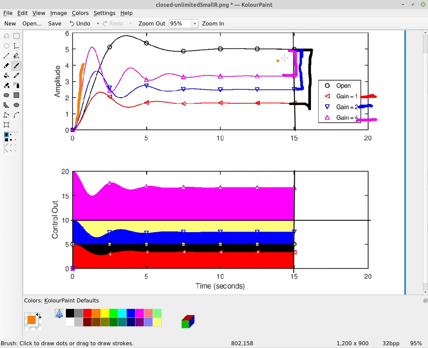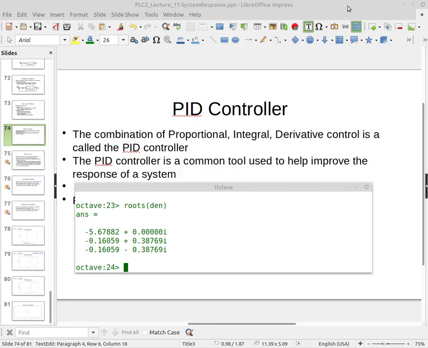You get the steady state error to decrease. So as your gain increases, the steady state error decreases and the system responds faster, but you also will tend to get more oscillation and more overshoot with proportional control.